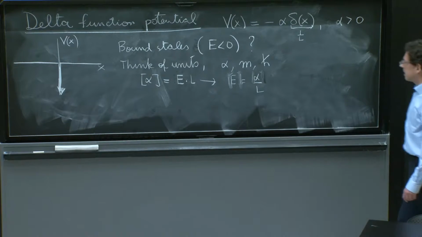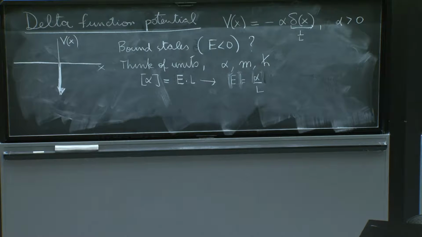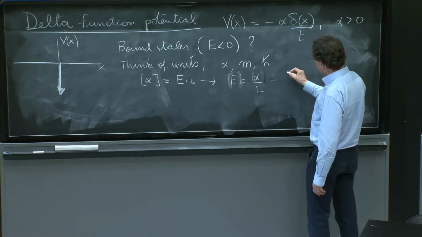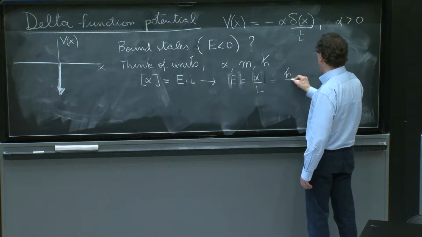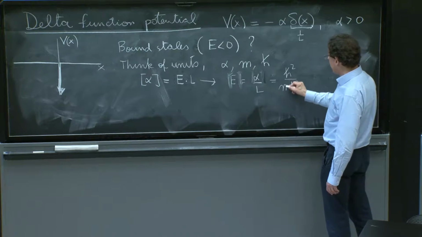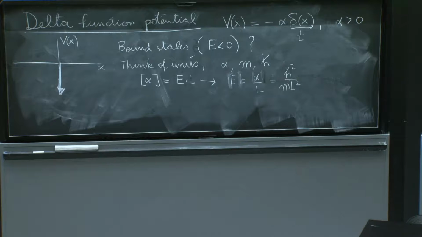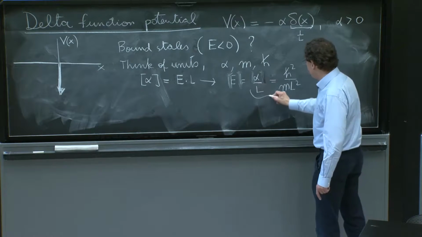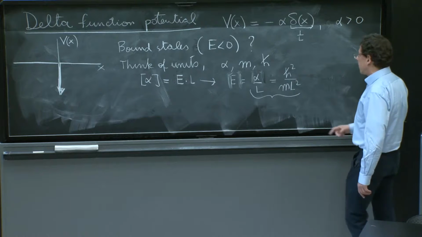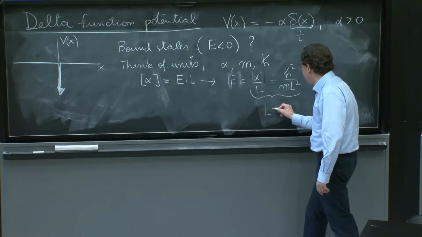So in terms of units, it's this. But in terms of units, energy, you should always remember, is p squared over m. And p is h bar over a length. So that's p squared, and that's m. So that's also units of energy. From these two, you can get what has units of length.